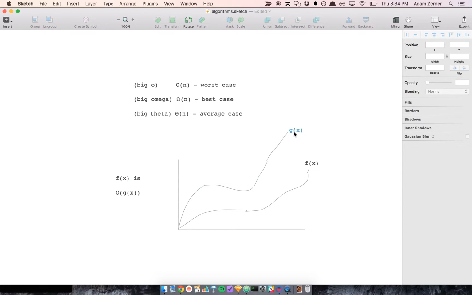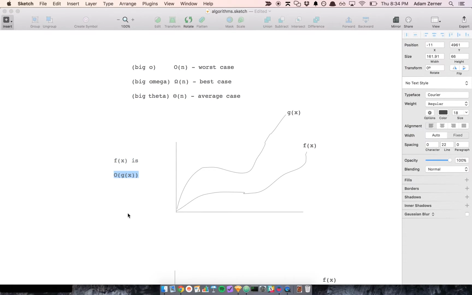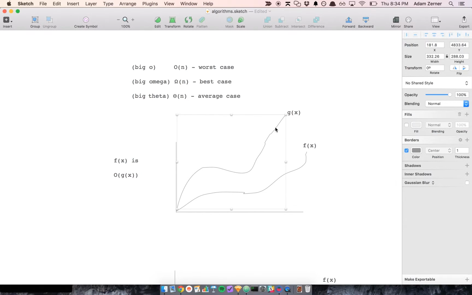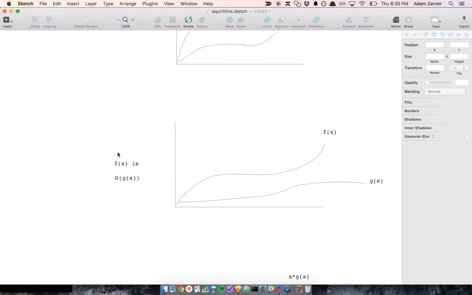Like if we have this function, we know, all right, at least it's not going to be worse than g of x. We would say that f of x is big O of g of x, because g of x bounds it, there is an upper bound of f of x. Sorry, it's hard to say. Okay, so that's big O.